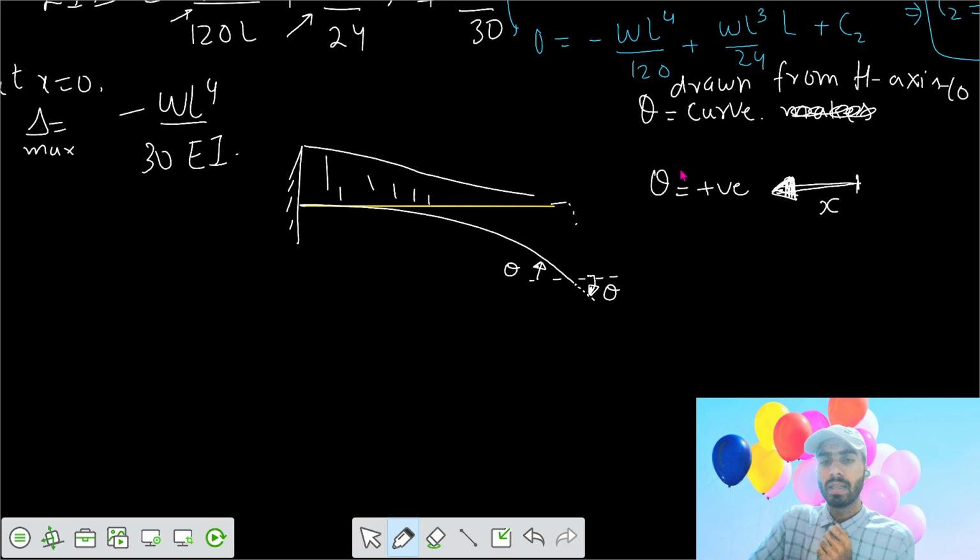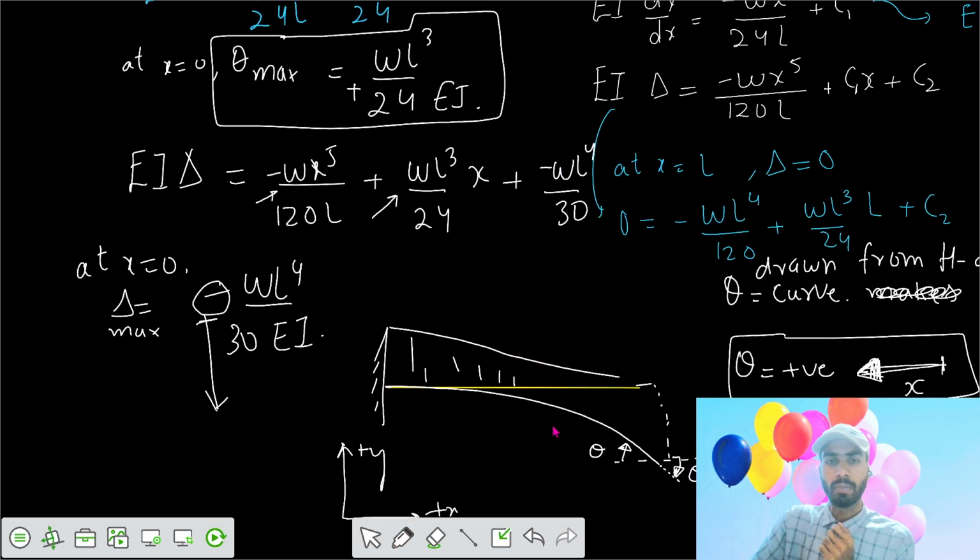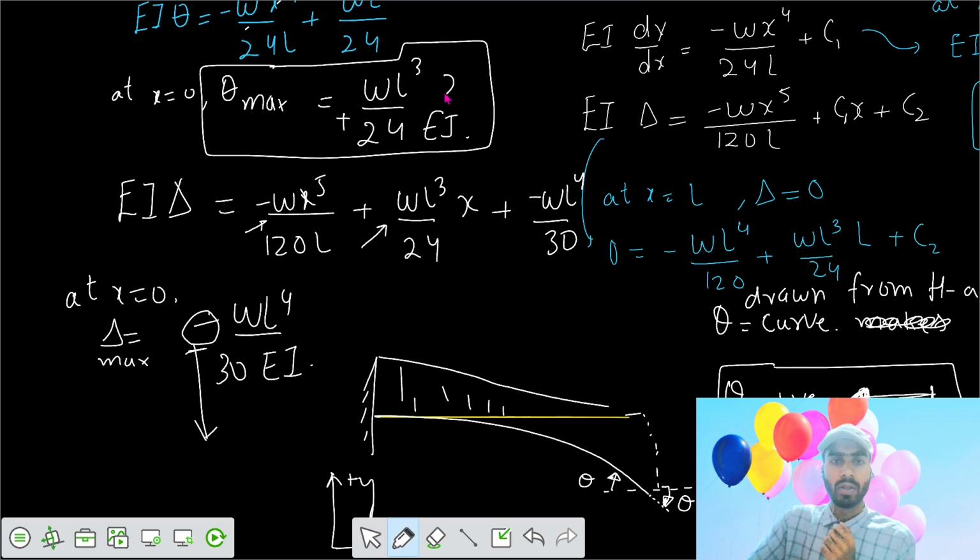So theta is positive in this direction, and the delta we got is negative. We have that reference axis, where this is your positive x and this is your positive y. So delta is negative, meaning deflection is downwards, and your theta is positive, which means clockwise rotation.